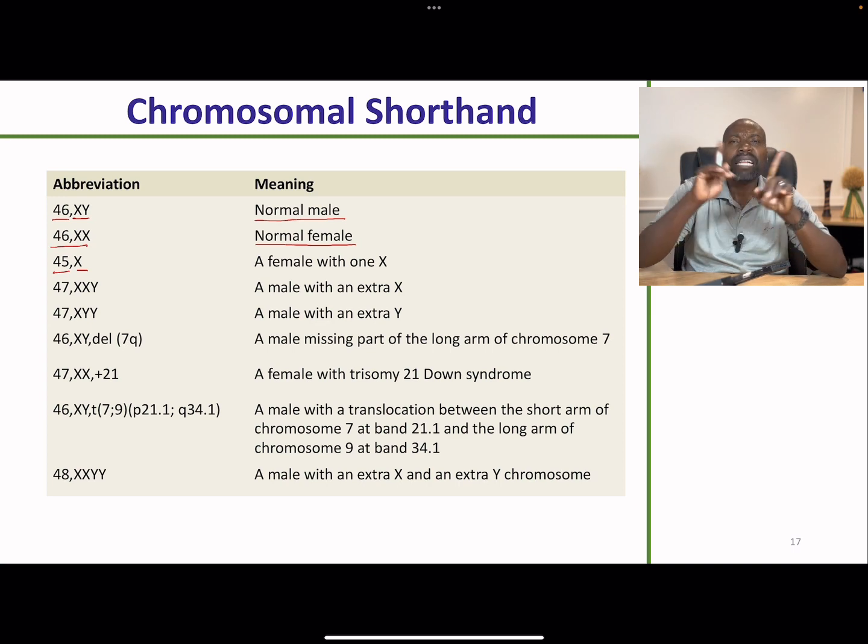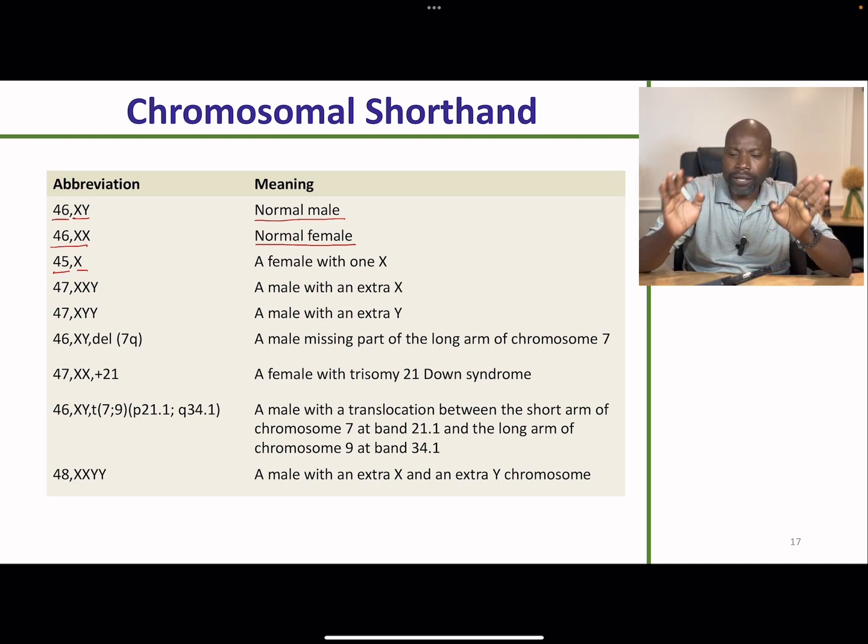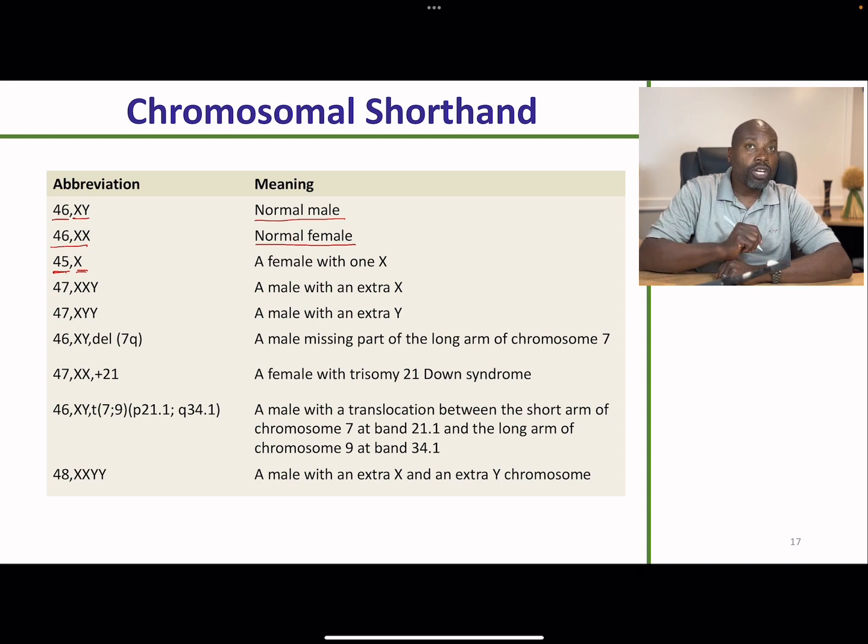Let me close that parenthesis. So 45X means that this individual does not have a second X chromosome, or they don't have a Y, right? That's a female with one X, nothing else.